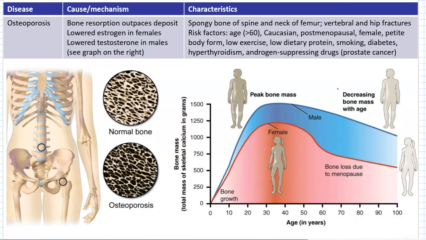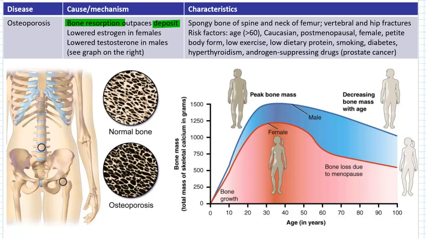Now this is the disease that you're going to see a lot. Osteoporosis. This is the age-related issue. Okay? So in osteoporosis, the resorption, the destruction of bone, outpaces the deposition. And the bone becomes brittle.